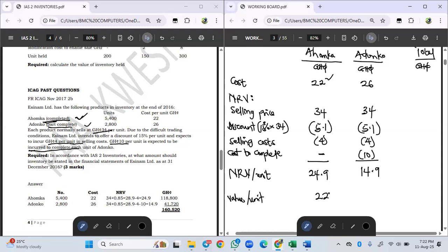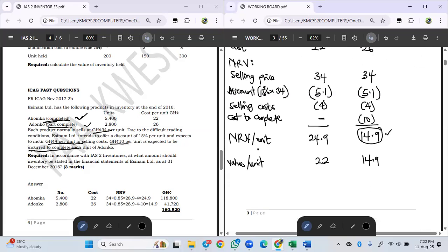Then Adonko 26, and this one we are choosing the lowest one, 14.9. Number of units, we have 5,400 for this one and also 2,800 for this one. So I'm just going to multiply.